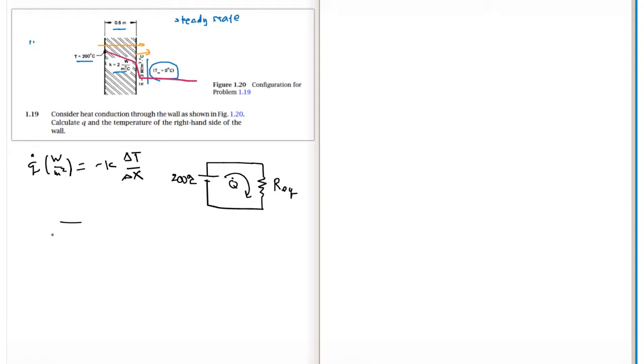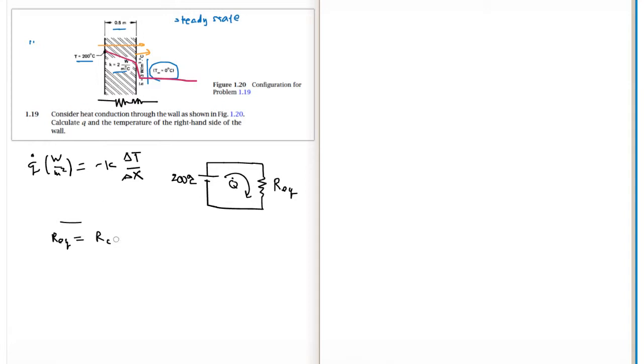So the equivalent thermal resistance, if we model this as resistors in series, here's one conductive and here's one convective, is equal to the sum of the individual resistors.